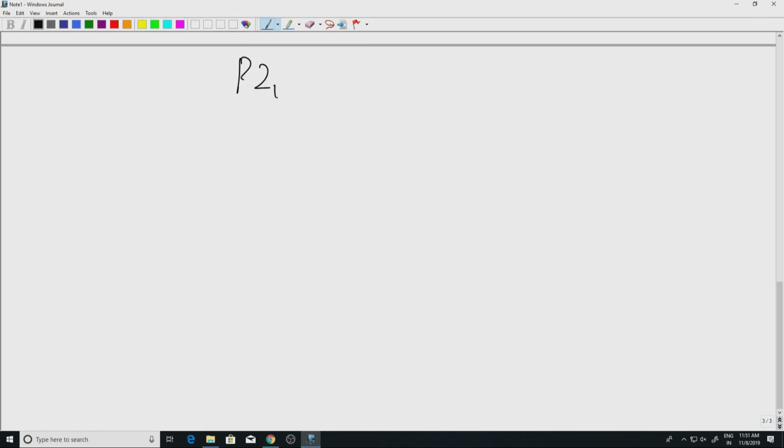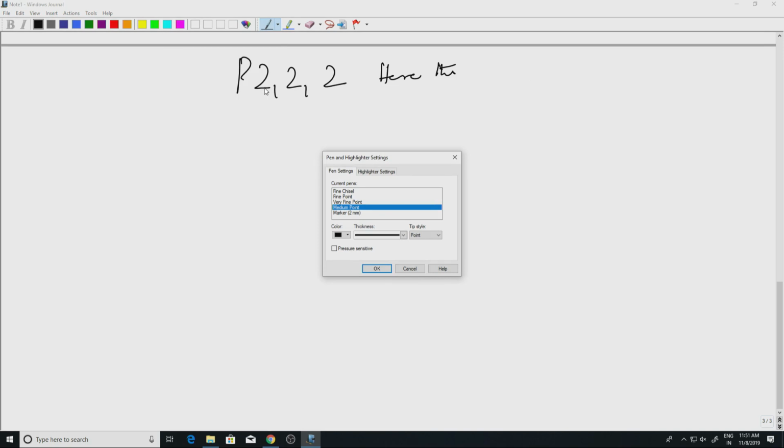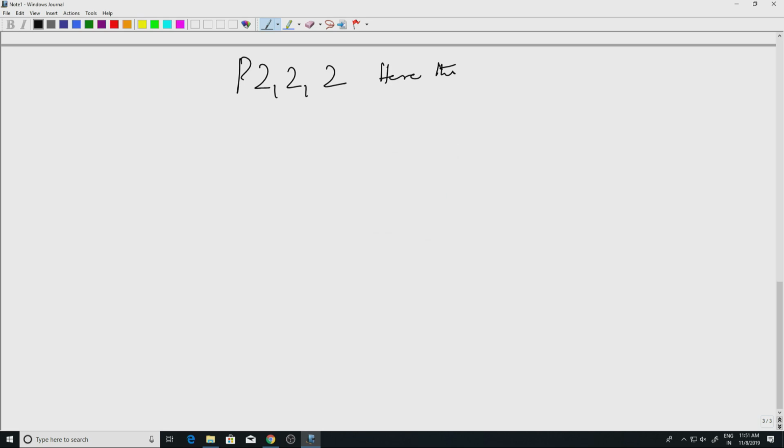Next is P21 2 2. Here the two-folds, sorry, here the 2-1 screws should be non-intersecting.